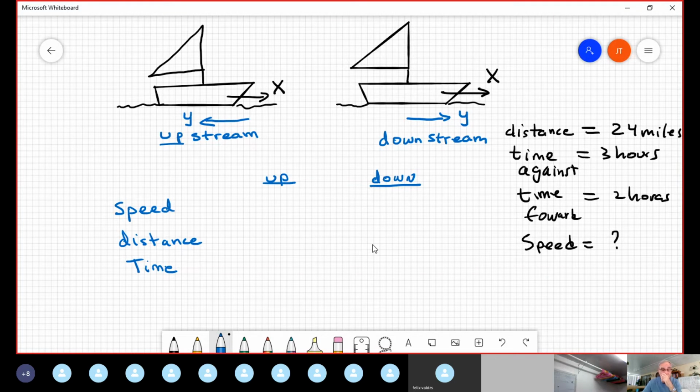Let me try to compute the speed. The time first. It's 3 hours here, and 2 hours here, because I go fast. The time is smaller. The distance is the same. Yes or no?